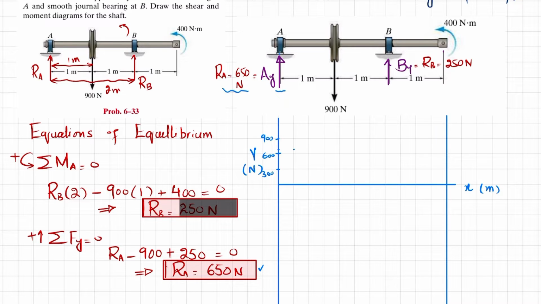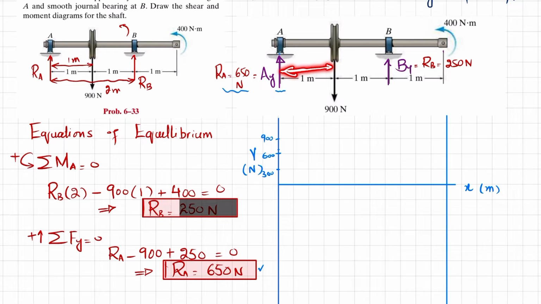Clear? So let this be 650. Now moving from A to this load, we have no force.